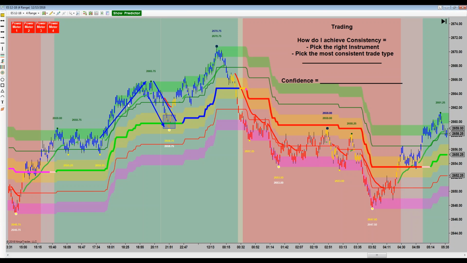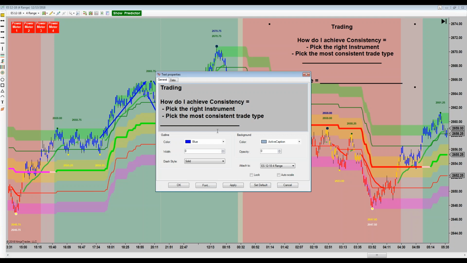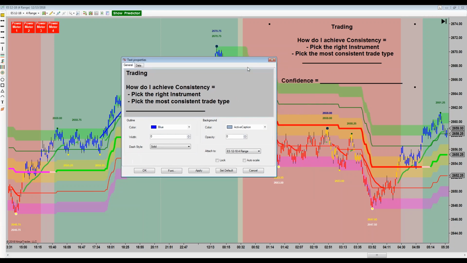And the most important thing in terms of consistency, which you're striving for, is that the patterns that set up from day to day are very similar. So let's add that to our consistency bullet point here. You want to see similar price patterns from day to day.